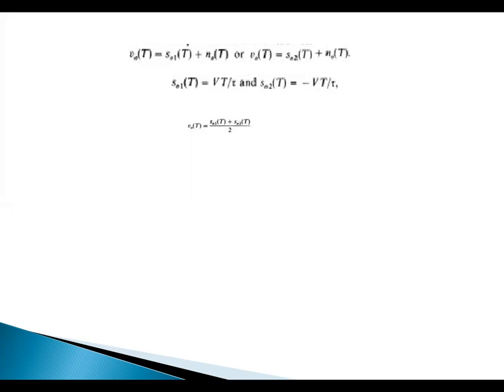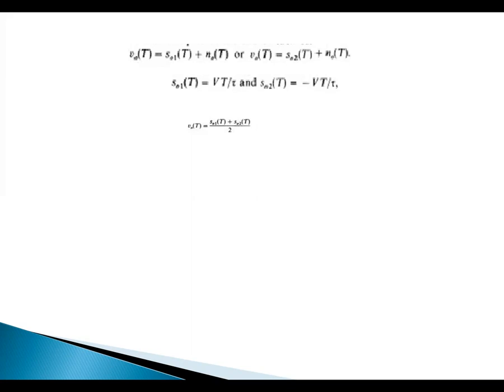Now the error is calculated by P of E equals 1 by 2 erfc of S naught 1 of t minus S naught 2 of t, divided by 2 root 2 sigma naught. The complementary error function is a monotonically decreasing function of its argument.